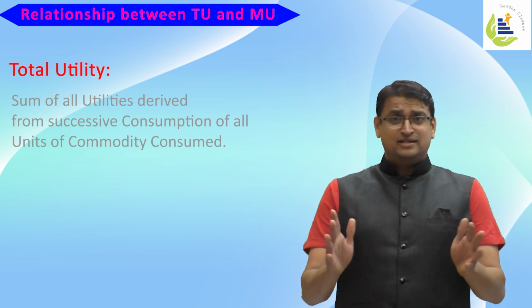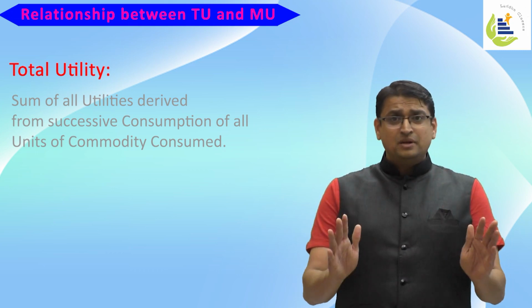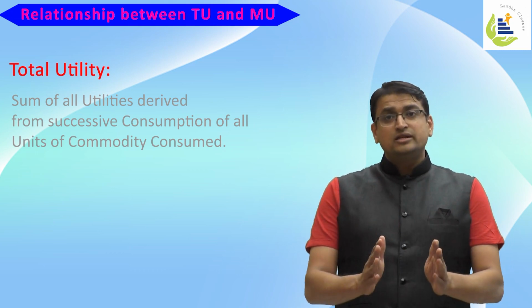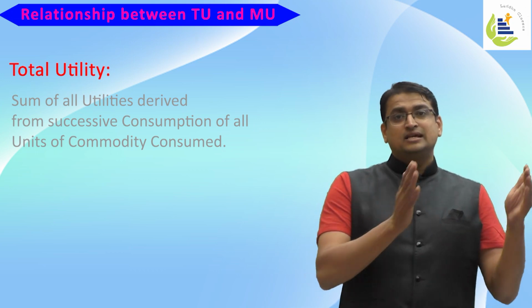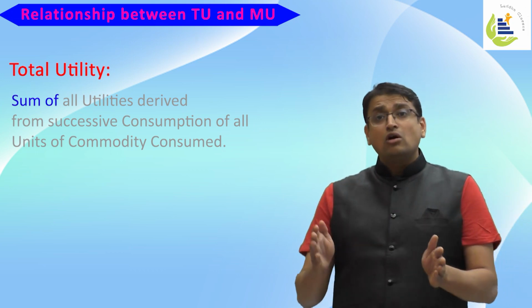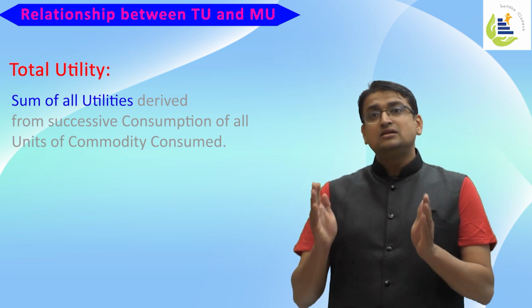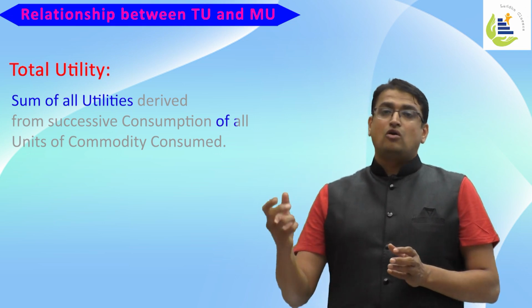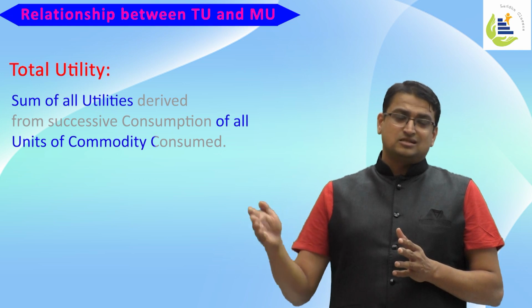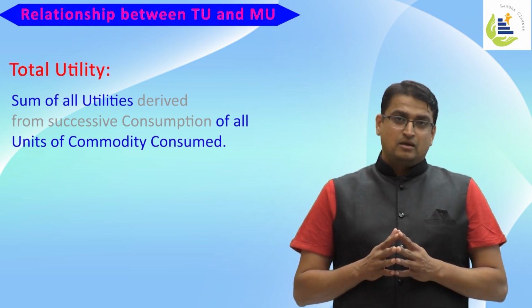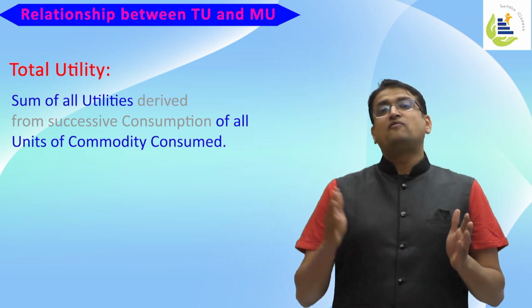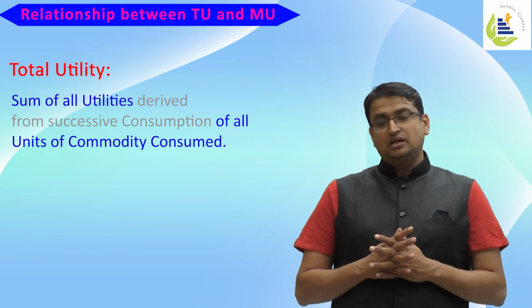A little technical to understand. In simple terms, total utility, as the name suggests, is the total of all the utilities, or I would say marginal utilities, derived from all the products consumed successively, which means it's the total of all the marginal utilities.